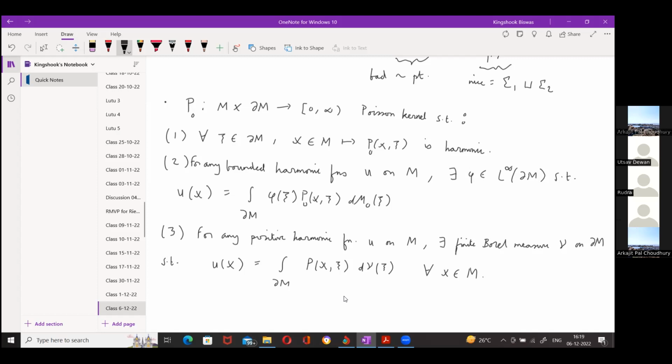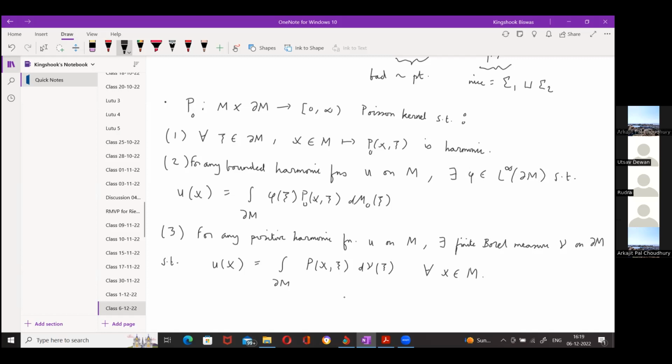This is a generalization of the Herglotz representation formula for positive harmonic functions in the unit disk or the upper half plane, right?